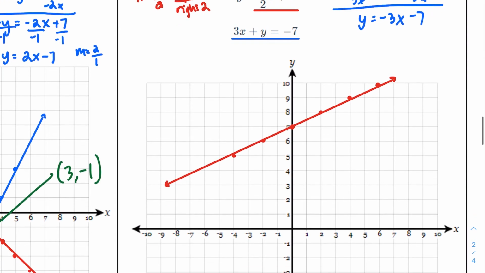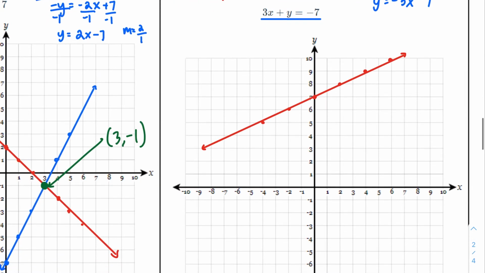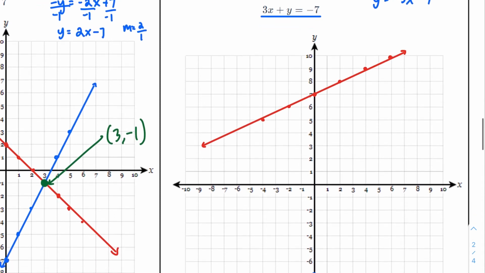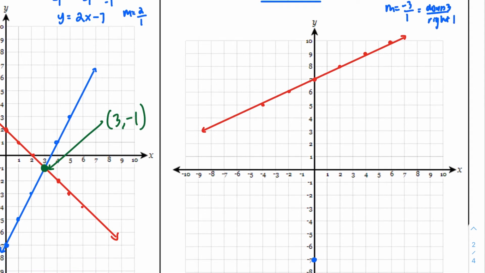So if we go down to -7, and we have our slope of -3x, that means -3 over 1, which means down 3, right 1, or the opposite, up 3, left 1. So there, let's try it in the other direction. There, there, there. Connect with a straight line.